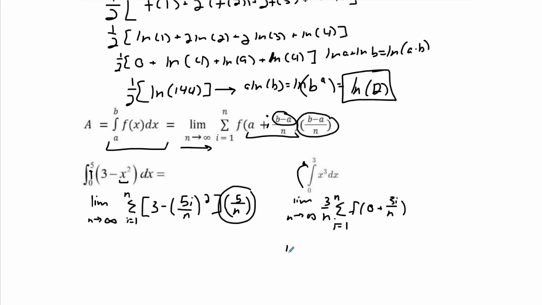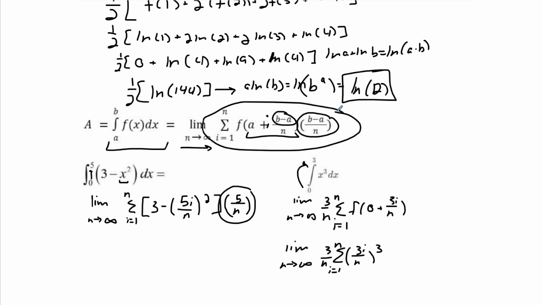So let's actually write that out. It would be the limit as n approaches infinity of 3 over n times the summation from i equals 1 to n of 3i over n cubed, because we just have x cubed. So it's pretty basic actually, and most of the time if you just know this formula, you can just match it up on the exam and you'll get the question right. You don't actually have to know how to solve this.